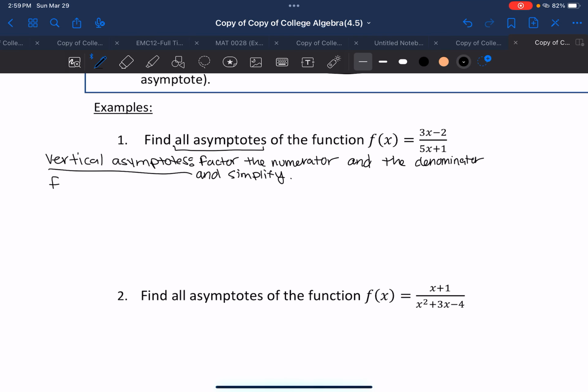Now this function is already factored. There's nothing else I can do here. The top and the bottom is already factored. So now we will set the denominator equal to 0 and solve for x.